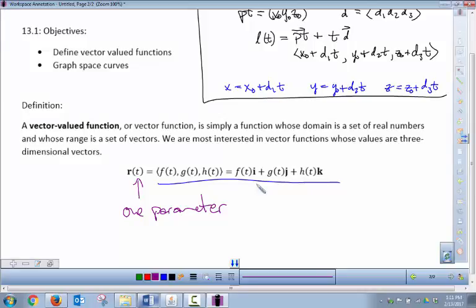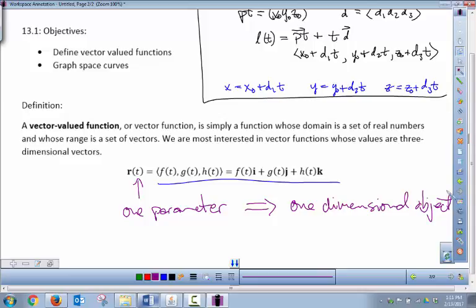So the one parameter t will tell us that at each value of t, you're going to get a point, and then you can just plot some of those points and connect them together, and then it'll be a one-dimensional object. In this case, we're in R3. There are 3 components, so it's a one-dimensional object in 3D. So this is sometimes called a space curve.